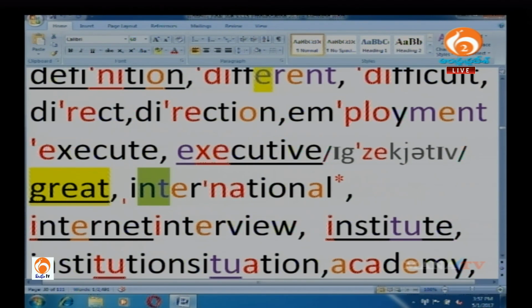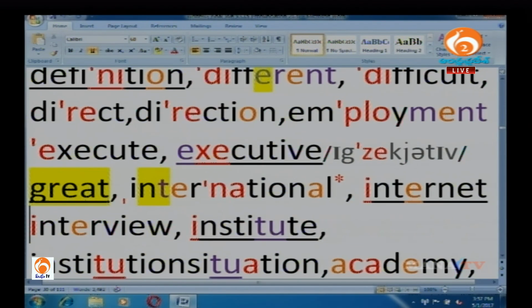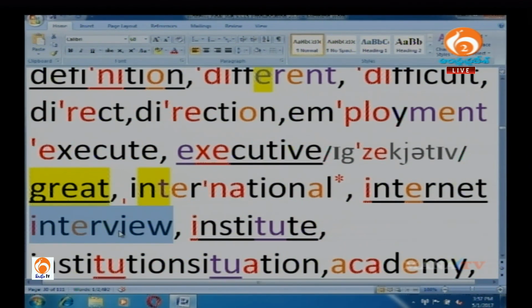Do not go for exceptions or local dialects, because quite possibly you'll go to a different country and people will not understand if you pick up the local accent. Try to stay with formal English, formal accent. "Internet," some Americans call it "innernet," but you should be flexible to know. This one, "interview."